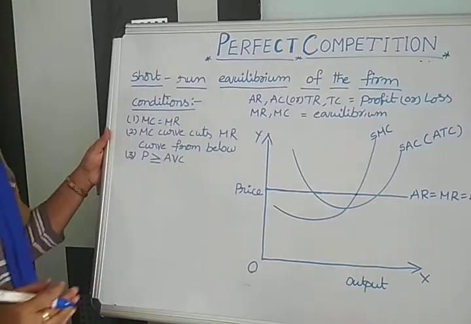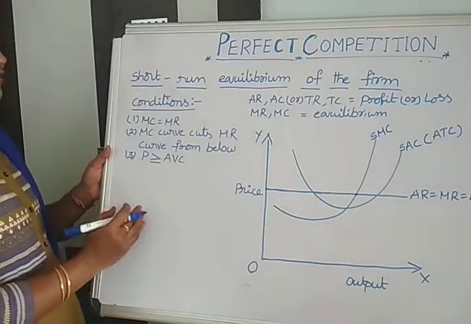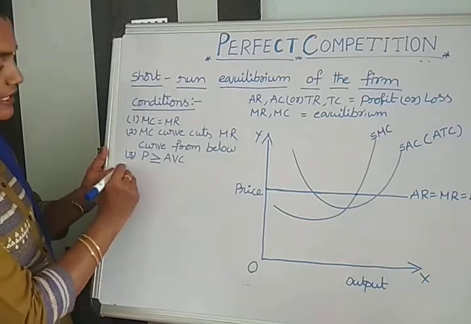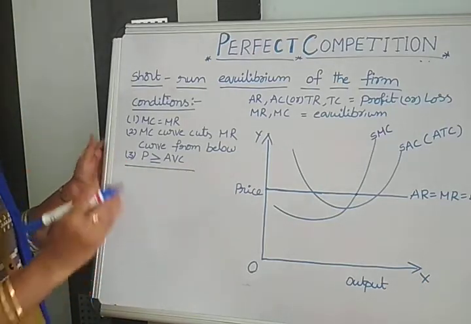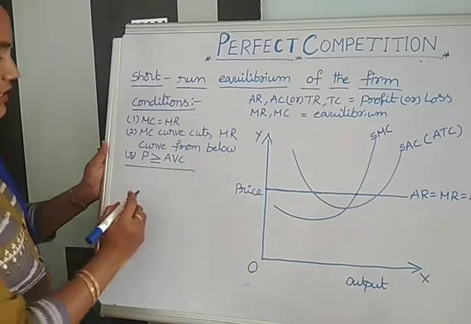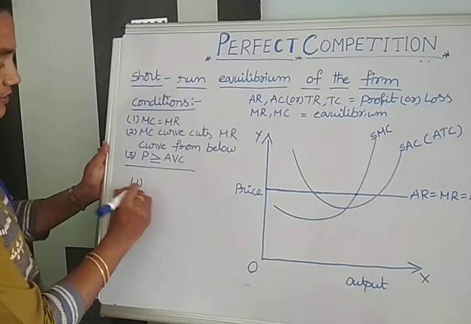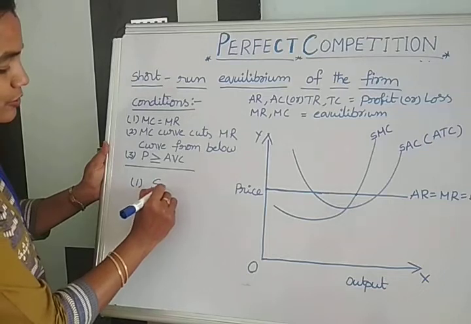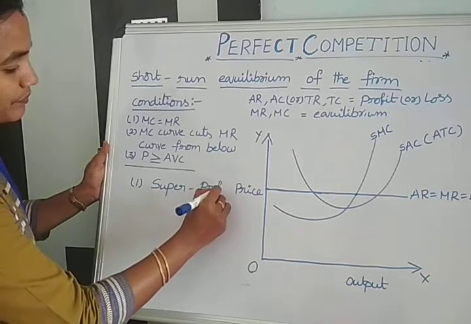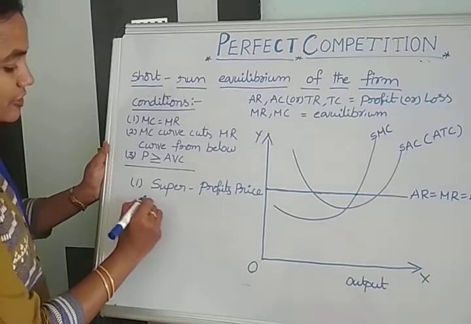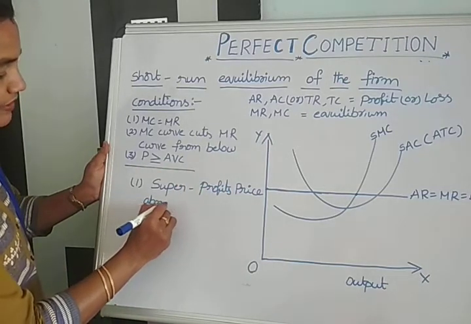Under perfect competition, in the short run, firms have the chance of experiencing three situations. First, super profits, also called abnormal profits.